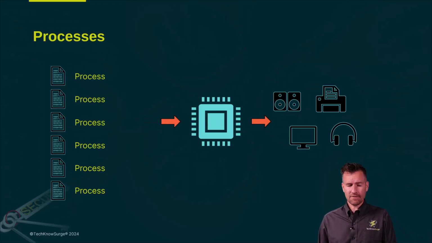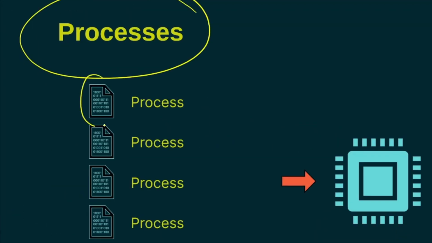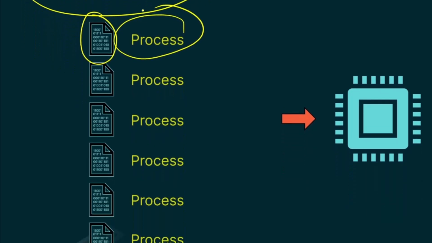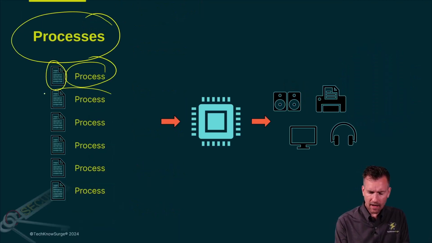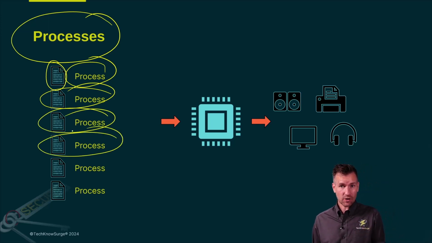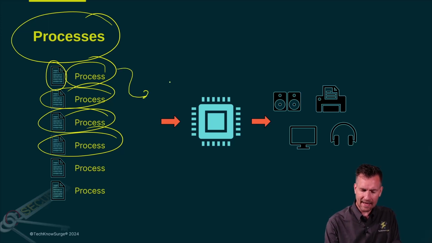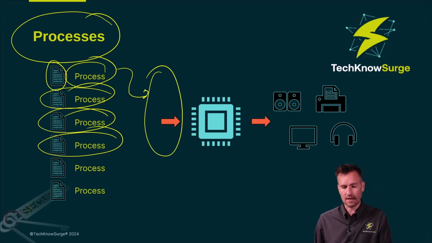Well, it keeps track of these through something called processes. Every time you open up a program, it will launch a new process, or perhaps many different processes, for that program. So we have all of these processes lined up. Now, when something needs to be calculated or compiled or processed, it will flag something that sits in between, called the scheduler.